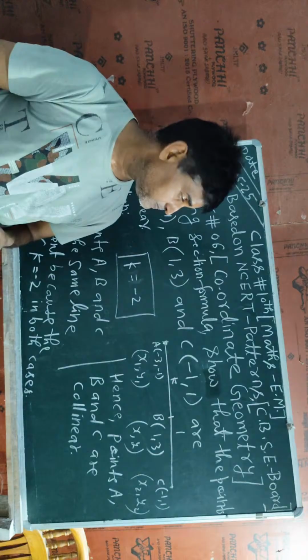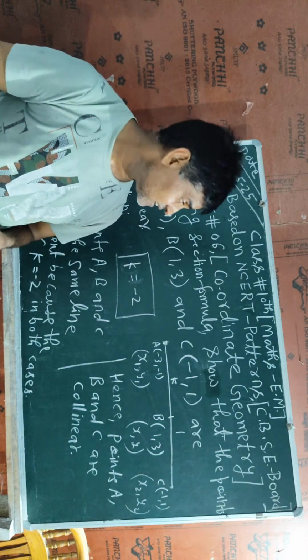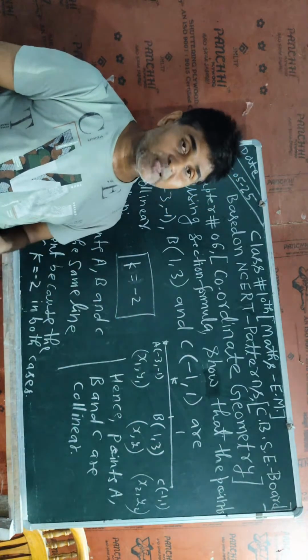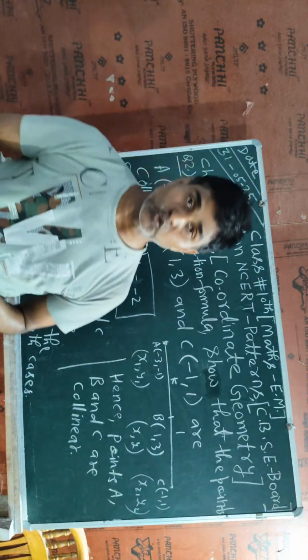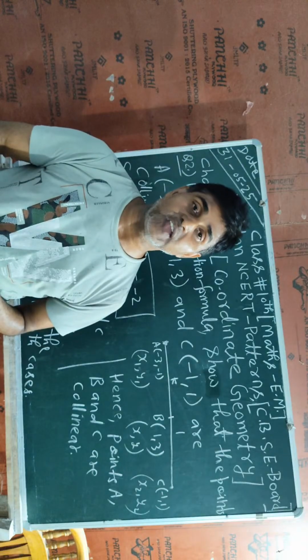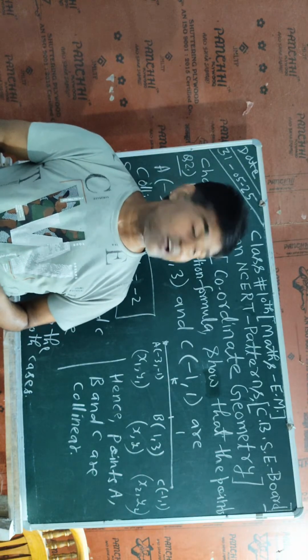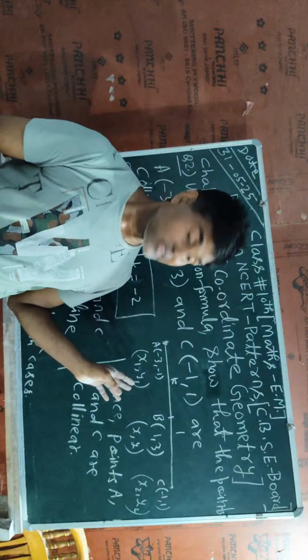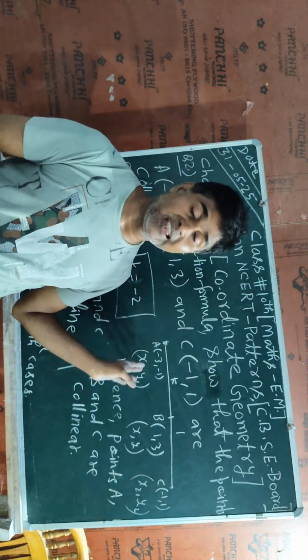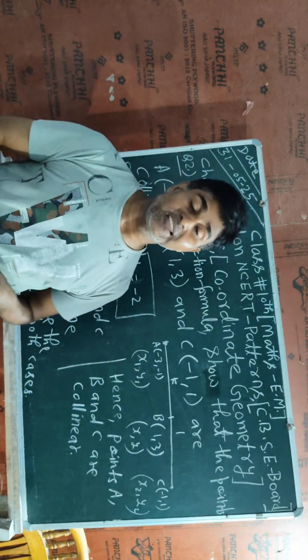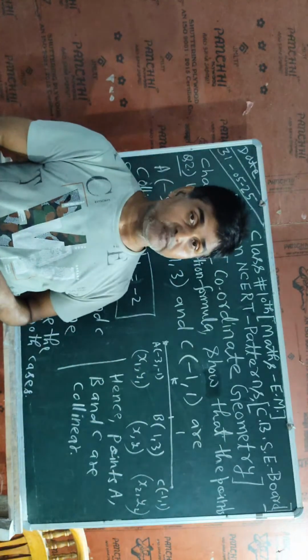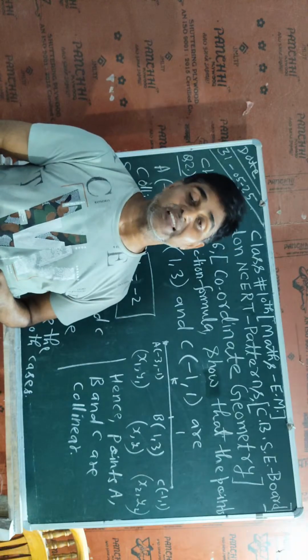Now the second concept is such that if these 3 points are given, I will consider any 2 points at a time, and I will take the slope of that line segment. After getting that slope, again I will consider any 2 points, taking one other than those taken before.